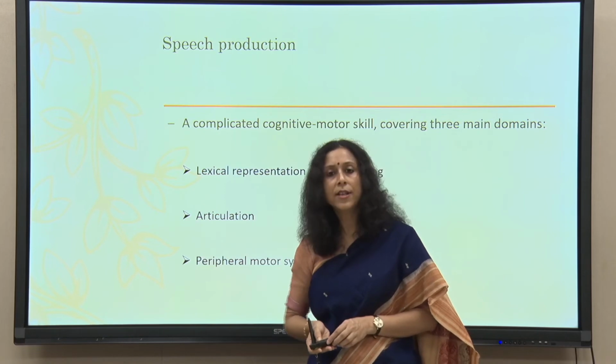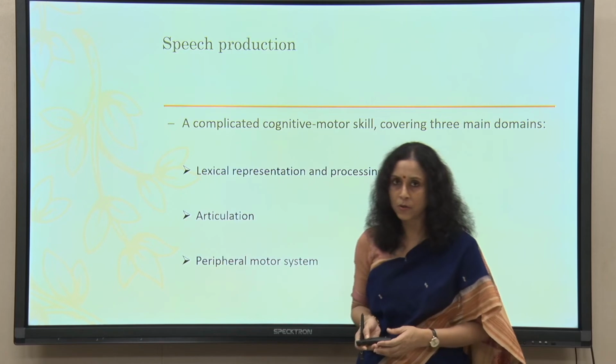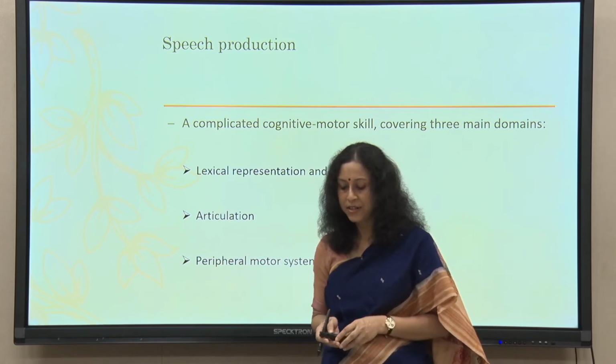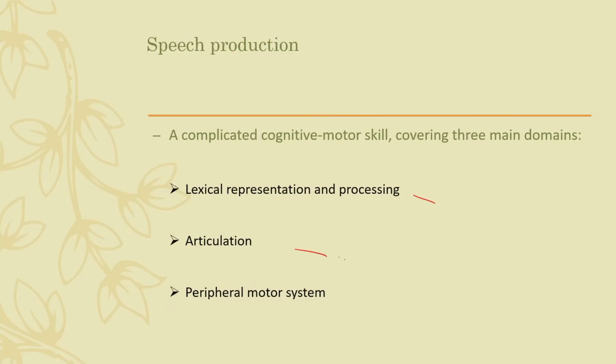Now, let us move on to speech production. Speech production is of course an enormous domain of study. It has generated a lot of empirical data, typically with respect to 3 kinds of functions, 3 main domains.